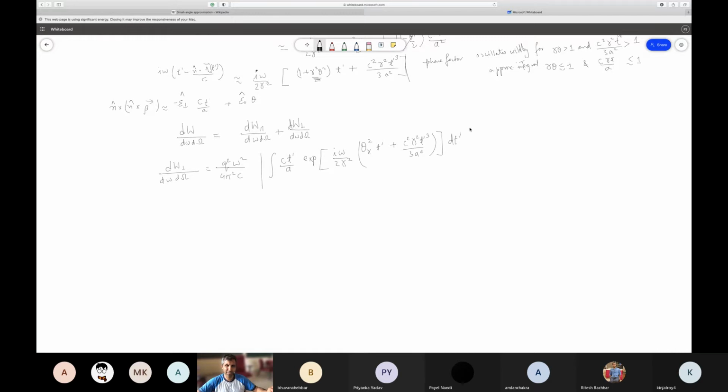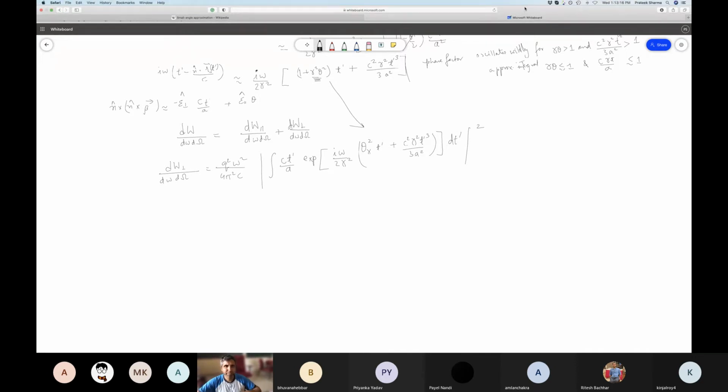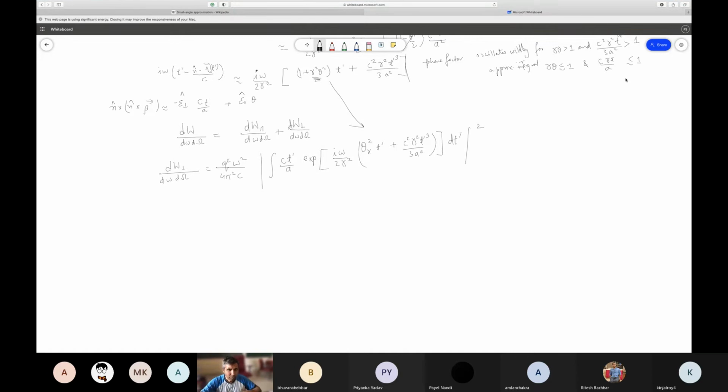So this is that expression, and these factors are nothing but this, right? This is just n hat cross n hat. So this appears as Ct prime by a, there's an absolute value square, and then there's this e to the power factor.